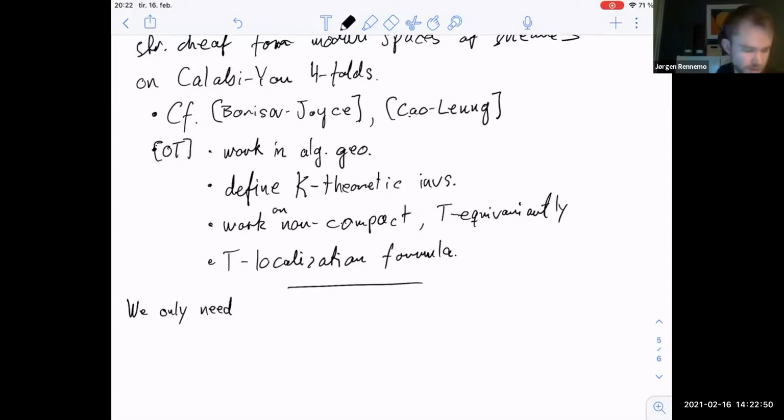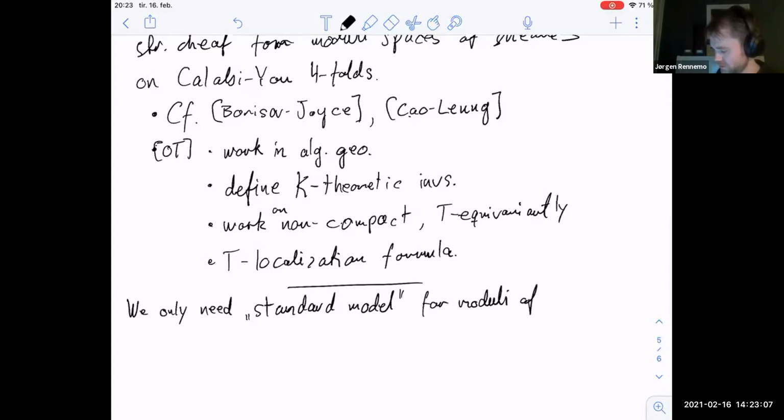We only need the standard model. I'm not sure if this is something Martijn and I decided to call it, or if Oh–Thomas called it that, for moduli of sheaves on a CY4.